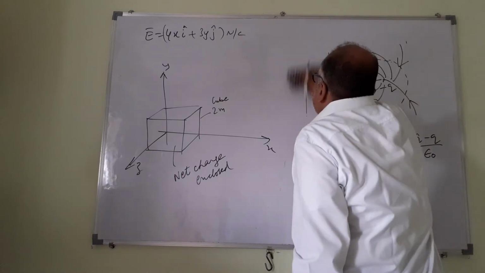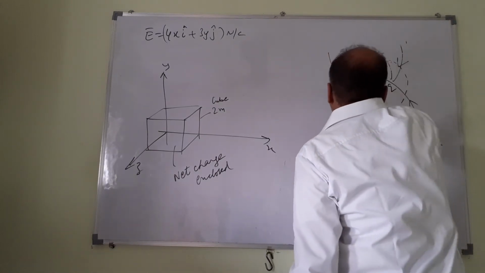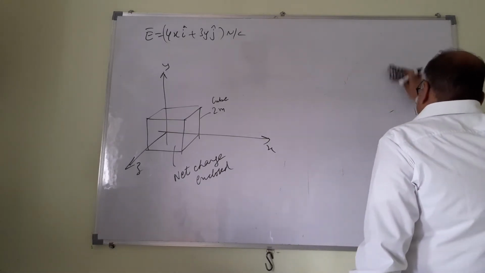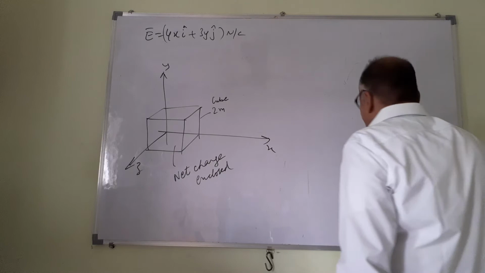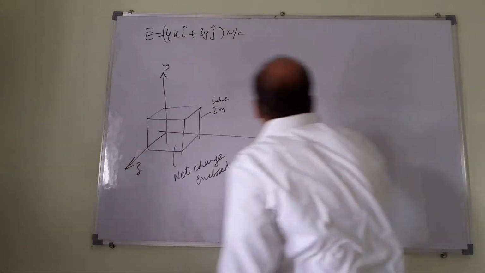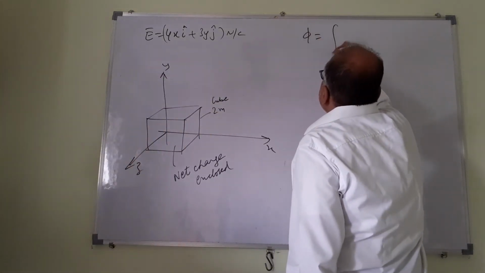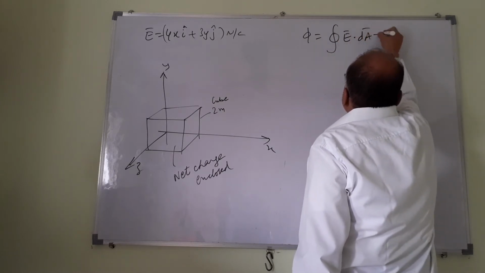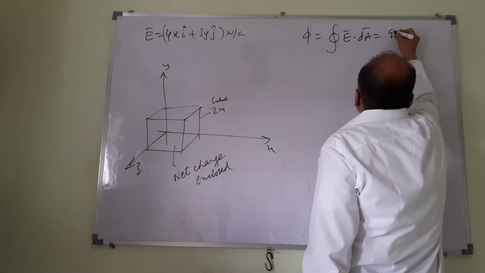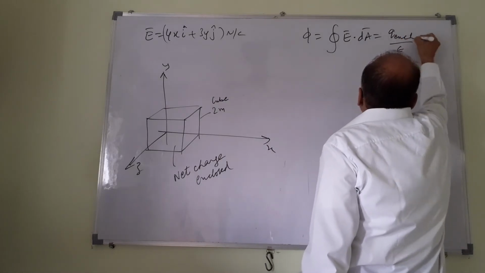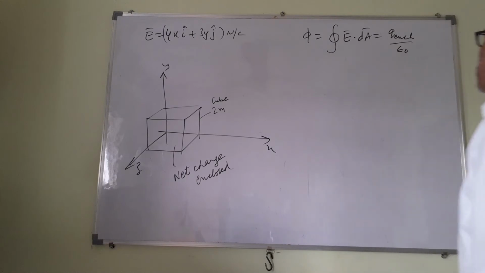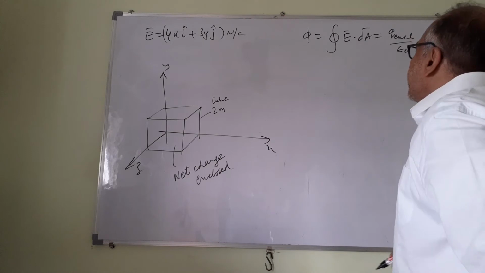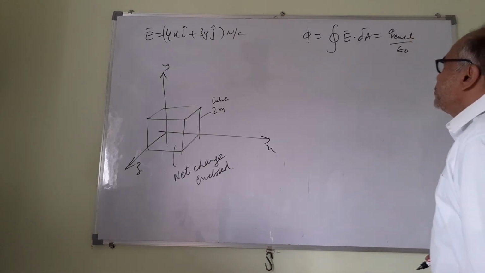So we shall apply the Gauss theorem, which says that the flux phi is equal to closed integral E dot dA is equal to Q enclosed by epsilon naught. So we will find E dot dA.